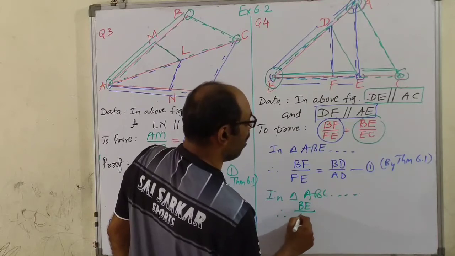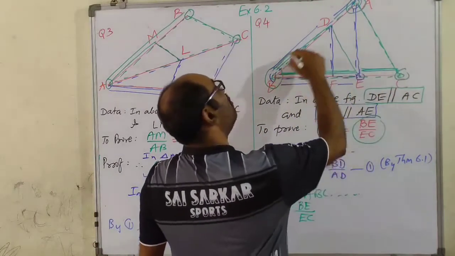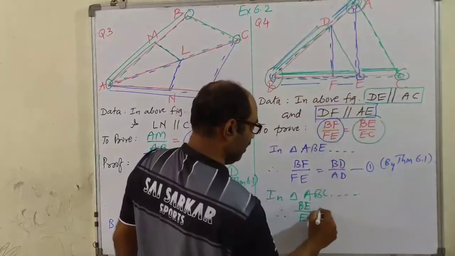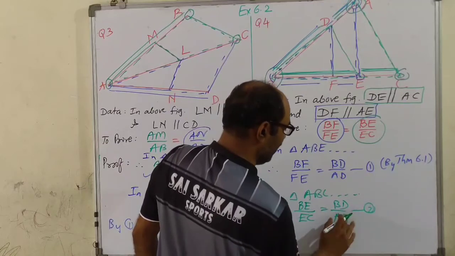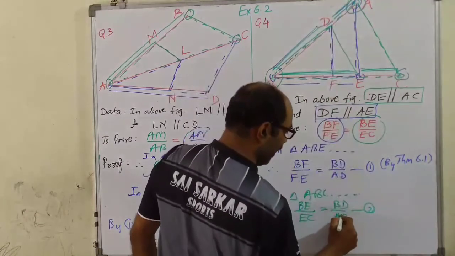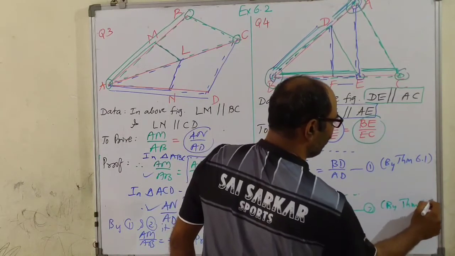BE upon EC. यहां से देख लो, BE upon EC. So BE upon EC is equal to BD upon AD. Alright, result 2. By theorem 6.1.